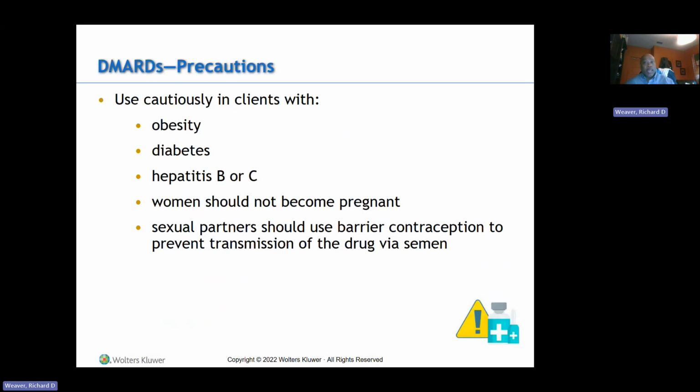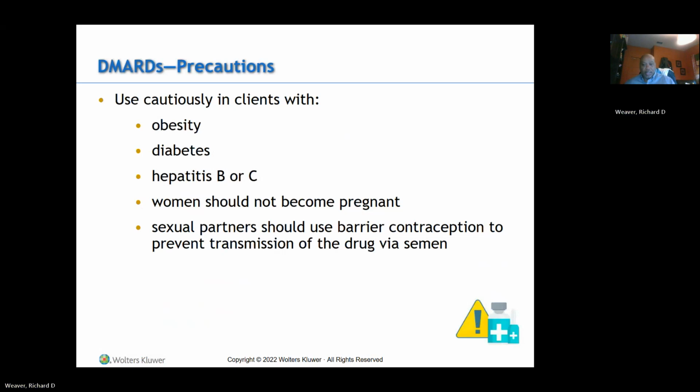So if a male is on one of these drugs, they should wear protection, because this drug is found in the semen, and you don't want the other person, the non-sick person, to receive this drug in their own body. So that's the reason why that is the case.